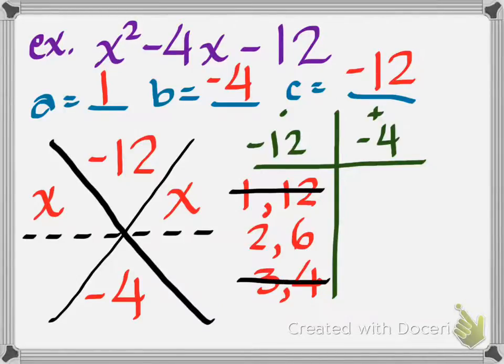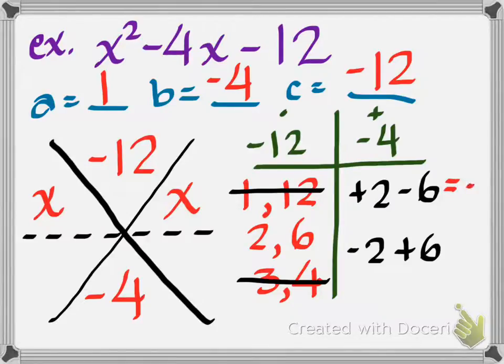So now I have to figure out what my signs are for 2 and 6 to make a negative 12 when I multiply and a negative 4 when I add. One of these has to be a positive, one of these has to be a negative. If I have a positive 2 with a negative 6, or I could have a negative 2 with a positive 6. Which one gives me a negative 4?